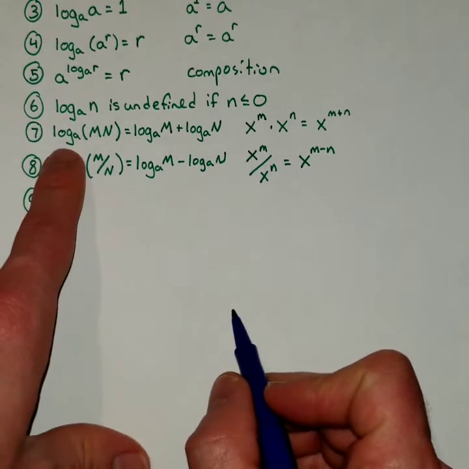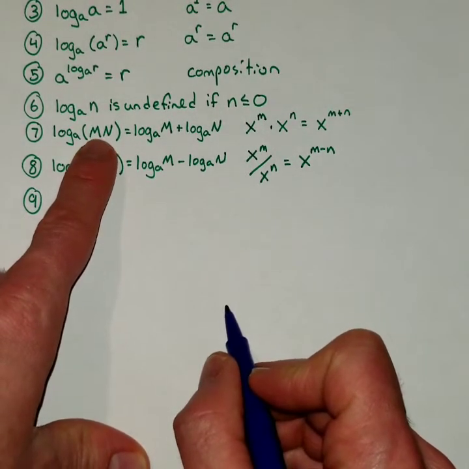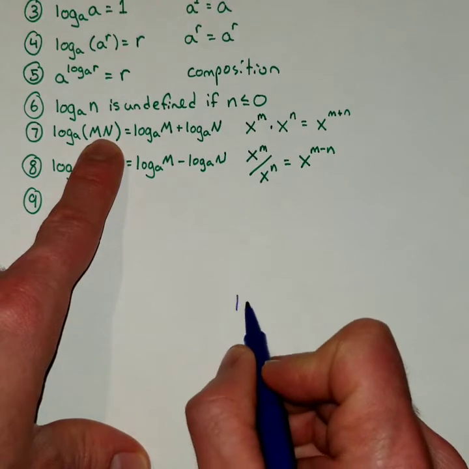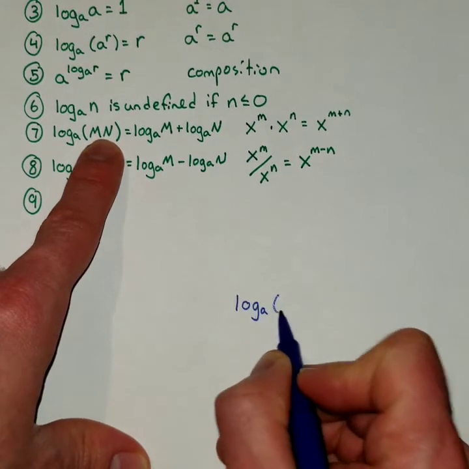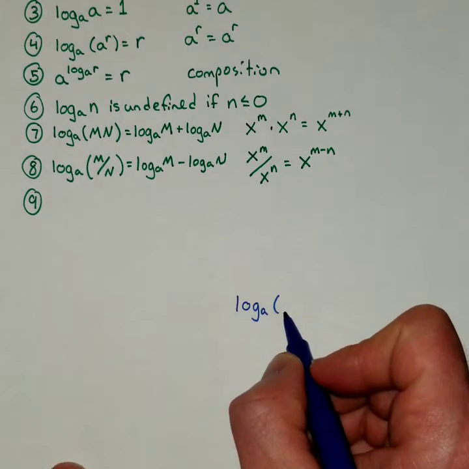What happens is if I take property 7 and expand it, but using the same thing in the parentheses. So let's say I had log base A of, and I'm just going to use, what am I going to use here?